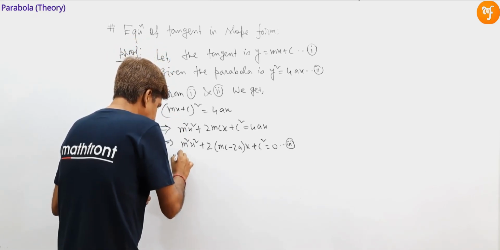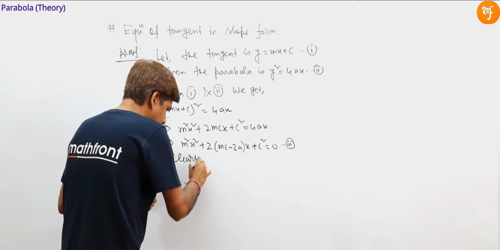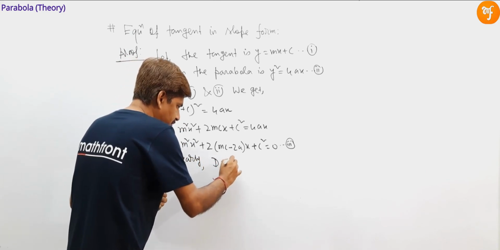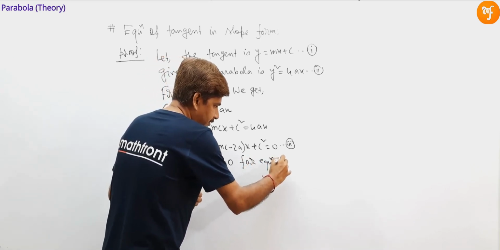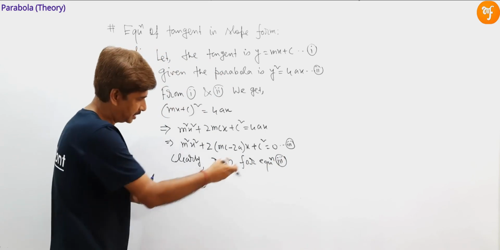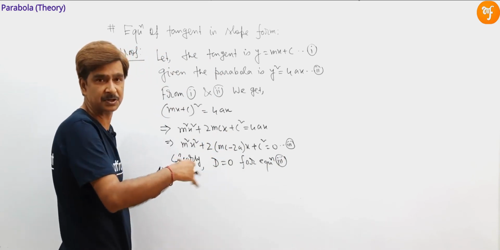So, clearly D is equal to 0 for equation 3. So, applying D is equal to 0, what is the discriminant? It is b square minus 4ac.